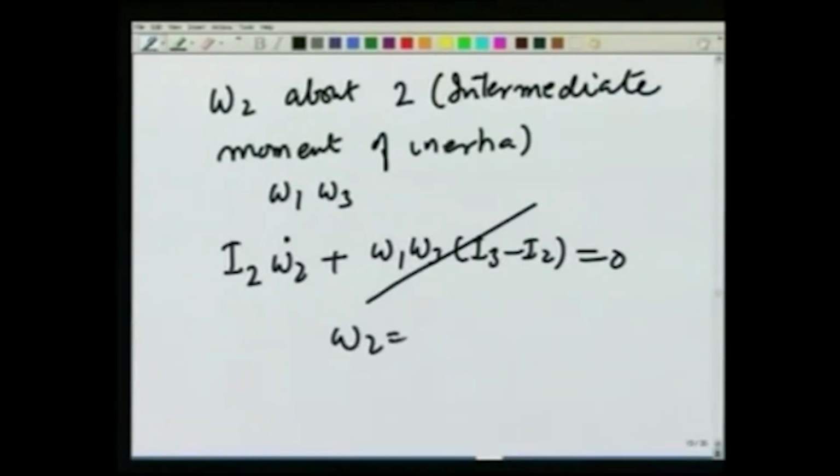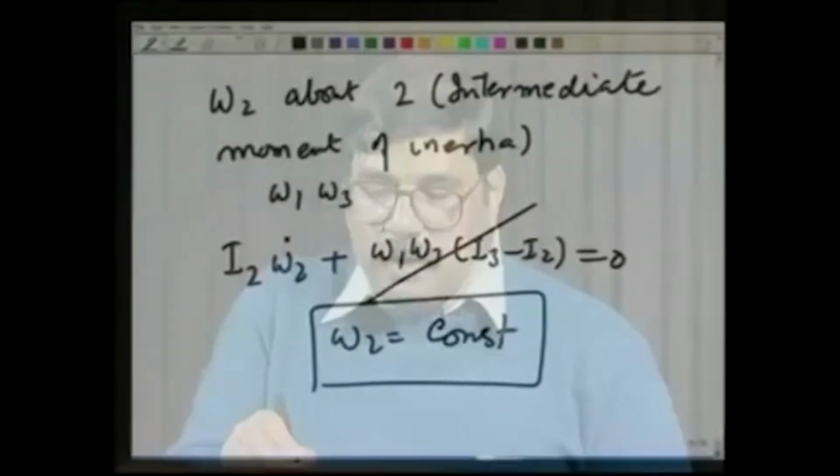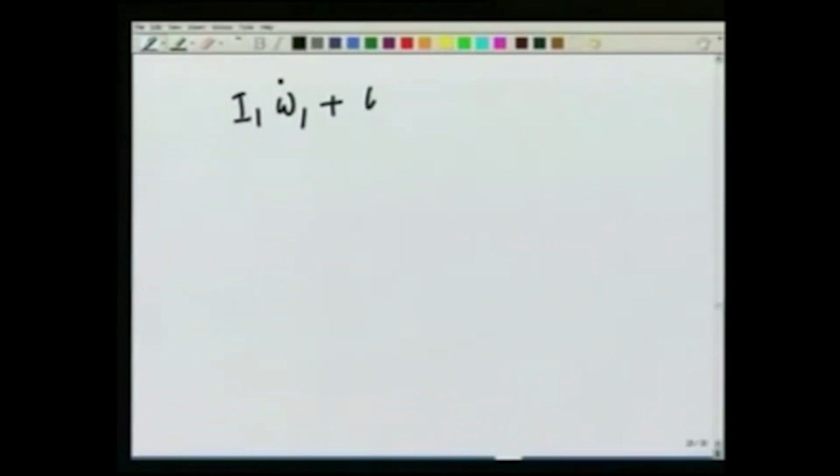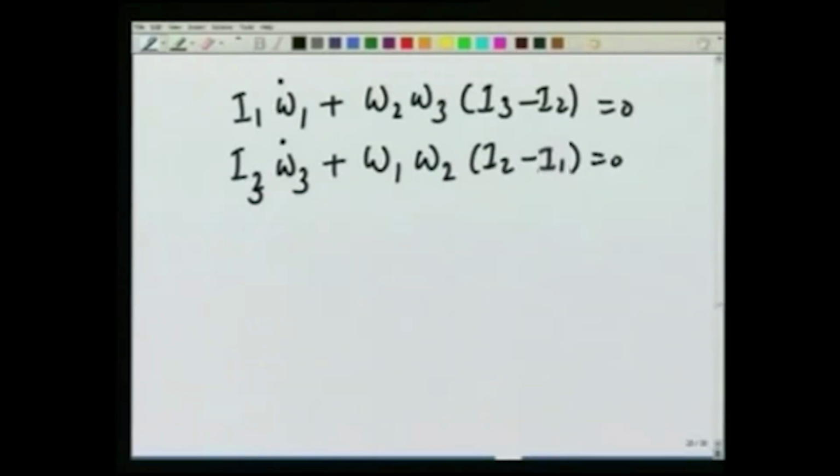So omega 2 is a constant. How about omega 1 and omega 3? I would have I1 omega 1 dot plus omega 2 omega 3 (I3 minus I2) is equal to 0, and I3 omega 3 dot plus omega 1 omega 2 (I2 minus I1) is equal to 0.